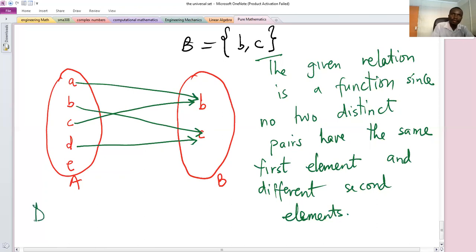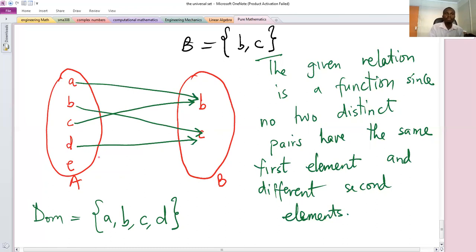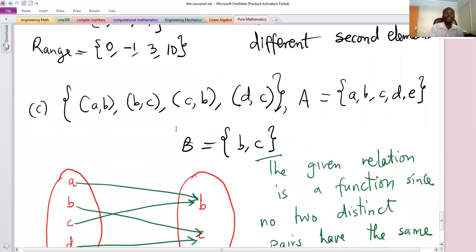And so the domain for this case is a set having elements A, B, C, and D. Remember, you don't include E because E is not being mapped to any of the elements in set B. The definition of domain in any given relation is the set of all the first elements in every pair.